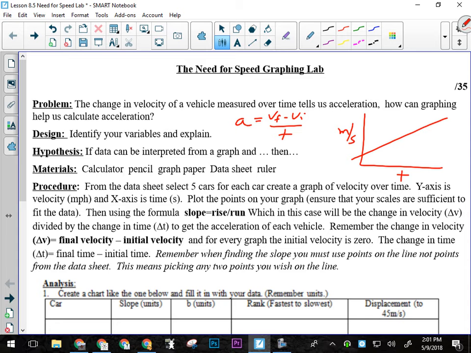Okay, and we talked about this the other day, how this formula is very similar to this formula. Final position minus initial position over time. Okay, we talked about how this one was really just a manipulation of that, y equals mx plus b.